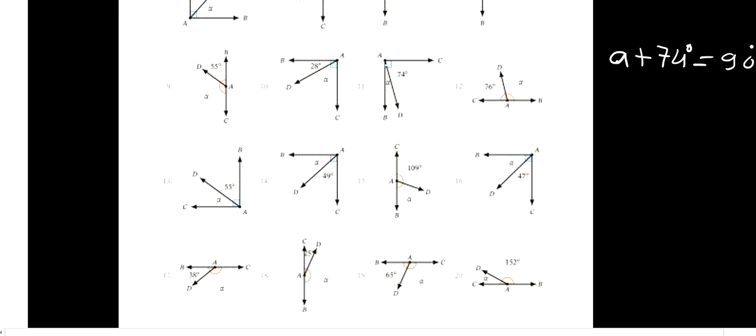Why? Because these are complementary angles, so you can directly do 90 degrees minus 74 degrees to find the value of A, and that's going to be 16 degrees, as easy as it can get. So you can practice all these questions and find the value of these angles.